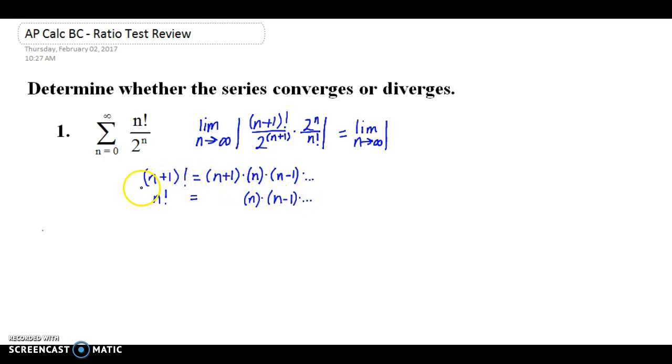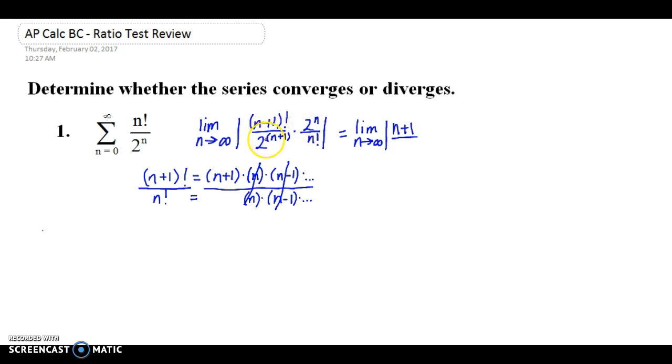So if you were ever asked, what is n plus 1 factorial divided by n factorial, this is what you would be considering, and they have a lot of common factors that cancel out so that you're left with just n plus 1. So this n plus 1 factorial divided by n factorial turns into just simply n plus 1 in the numerator.